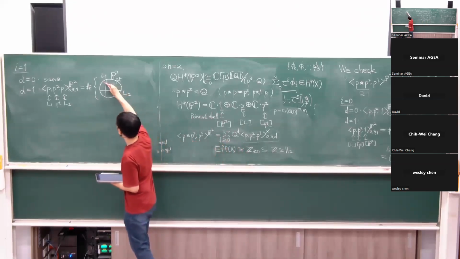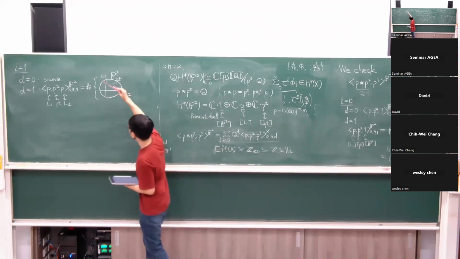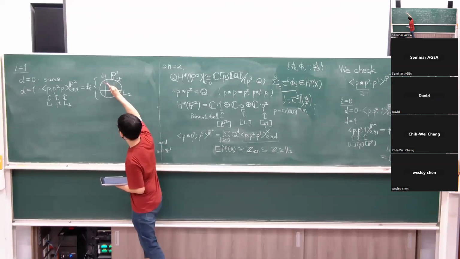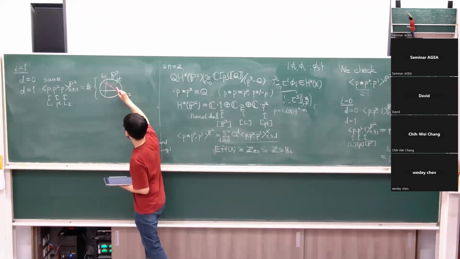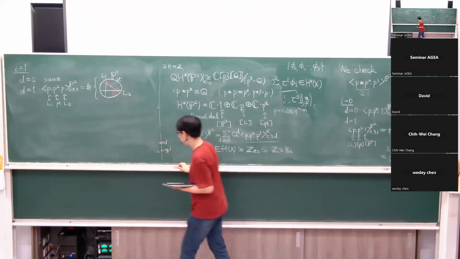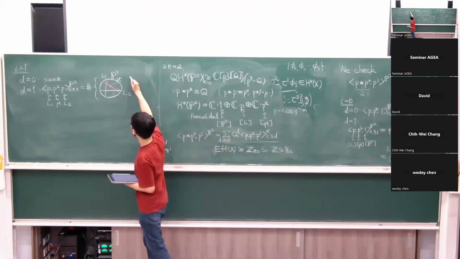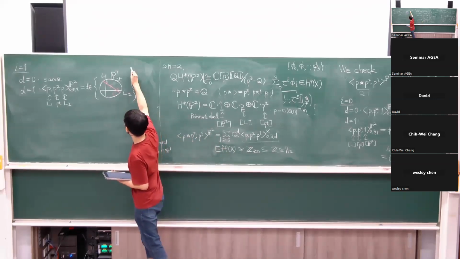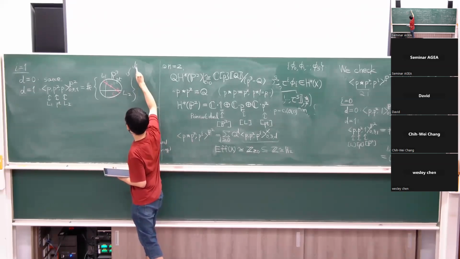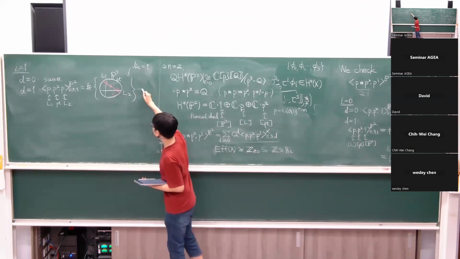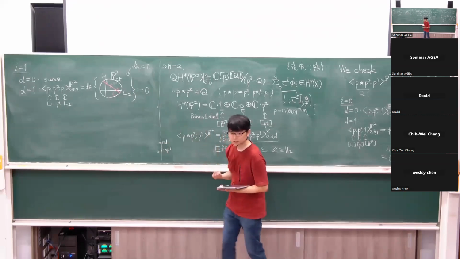And we should put a marking on each intersection point. And this set has dimension 1. So this is also equal to 0.